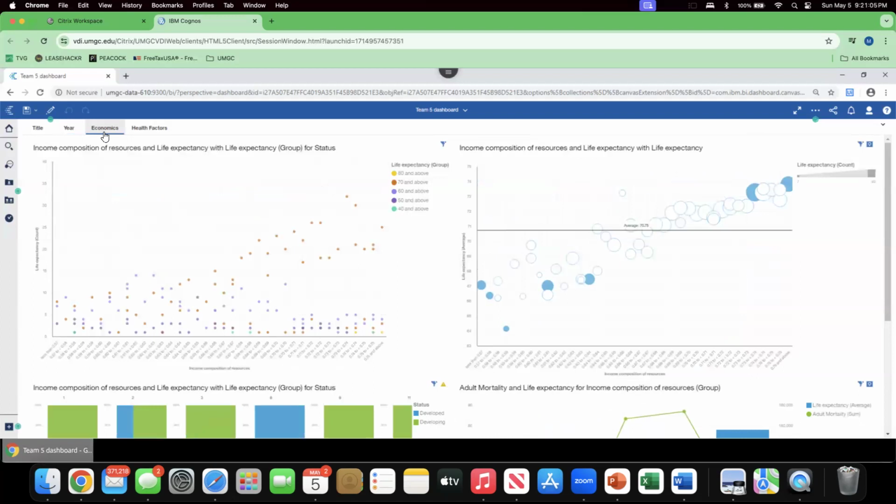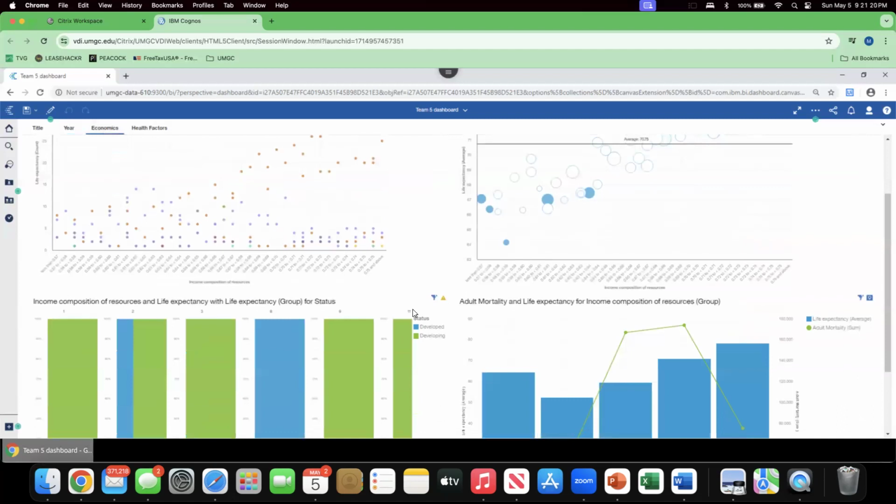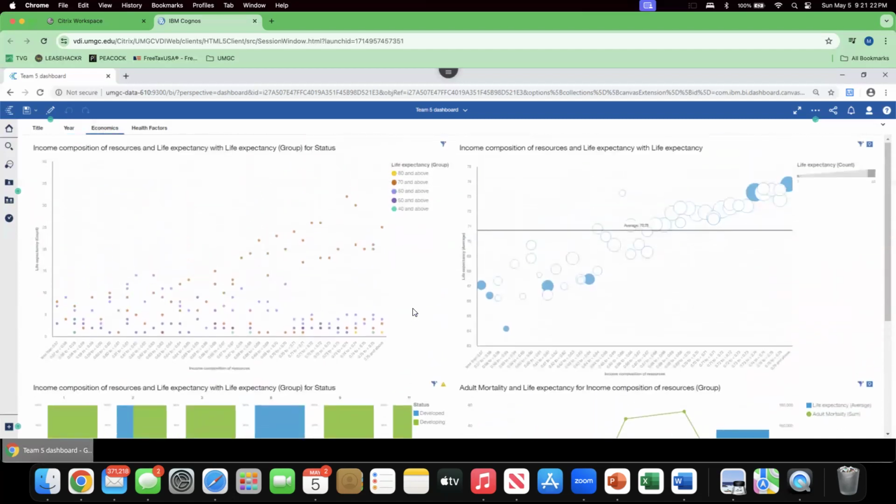So moving into the next slide, what we take a look at here is some of the different areas where the money is going. And as the amount of money increases, no matter how you slice it, life expectancy goes up.